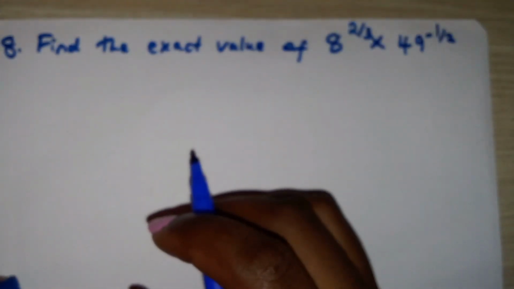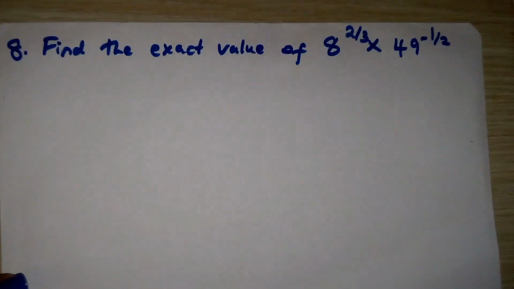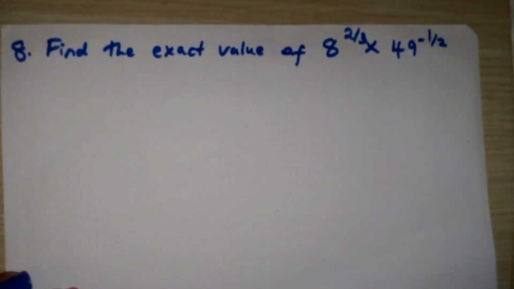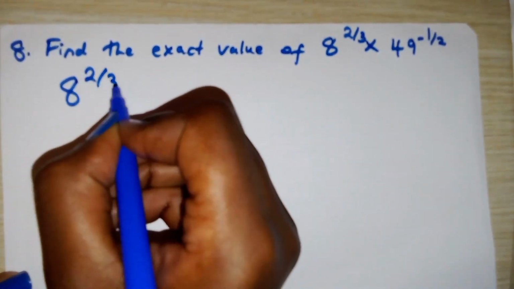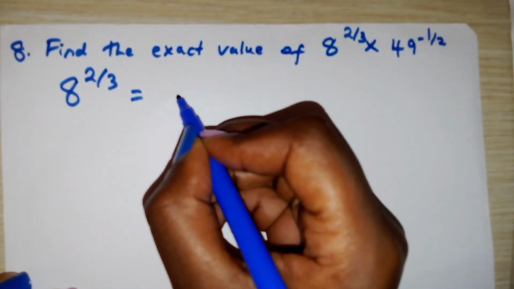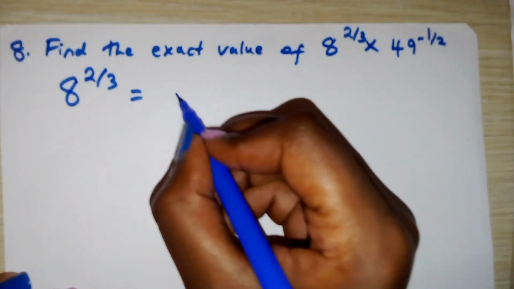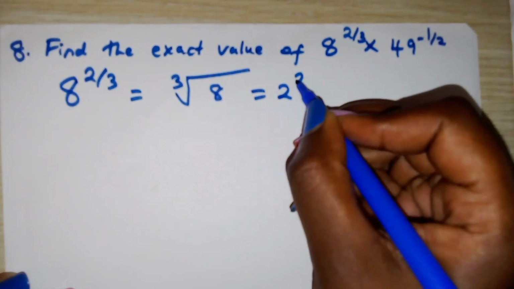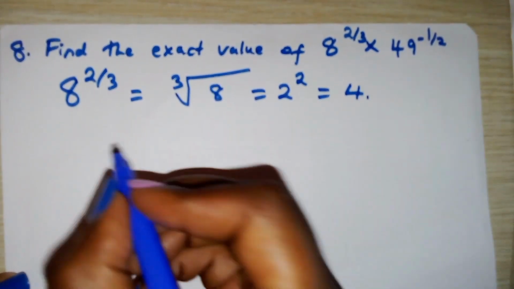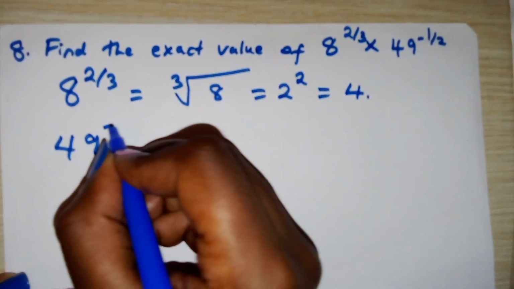Number 8, find the exact value of 8 power 2 thirds times 49 power negative a half. So 8 power 2 thirds is the same as the cube root of 8, which is 2, and 2 squared is 4. Then 49 power negative a half.